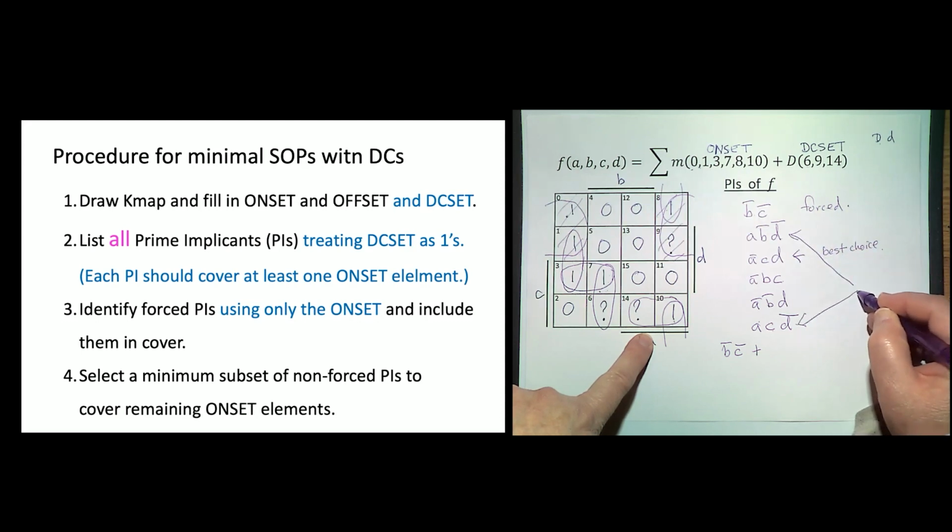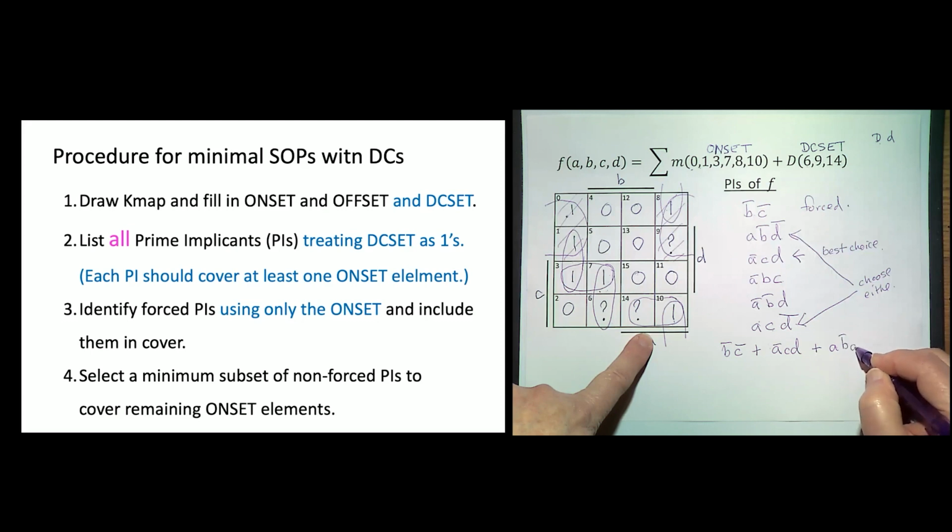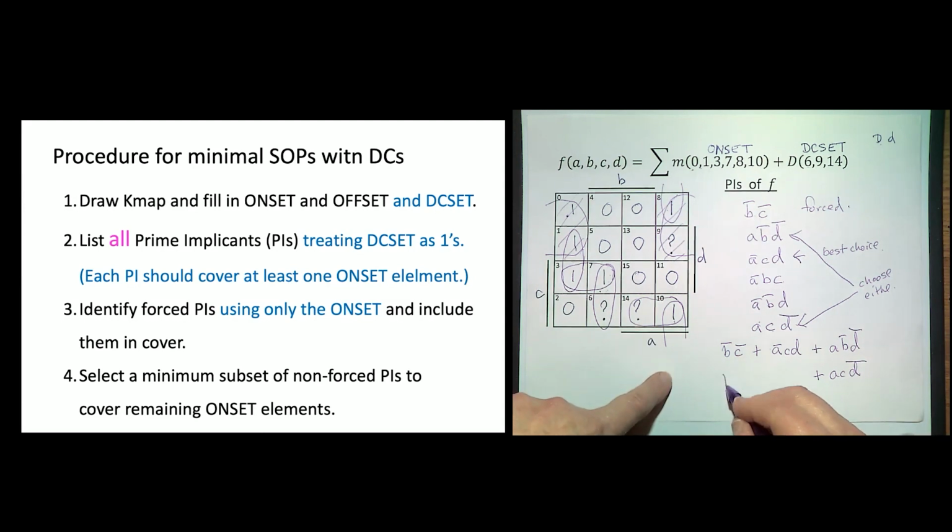Choose either. So again, now I have a tie. This is a case where I will have 2 minimal expressions. So I need A bar, C, D, but then I could take A, B bar, D bar, or I could take A, C, D bar.